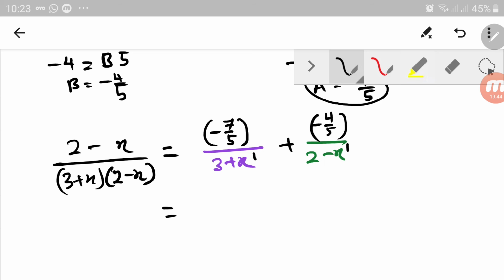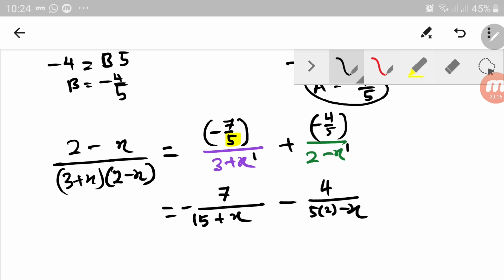Now this one also, most students tend to make mistakes. From the previous example you see, just bring the negative in front, right? For this one, you have to be careful, because you are dealing with a fraction. Most of you will write this, and then this one also, which is wrong because we are putting 5 in front of the whole thing.